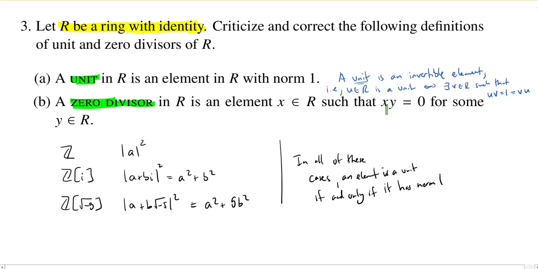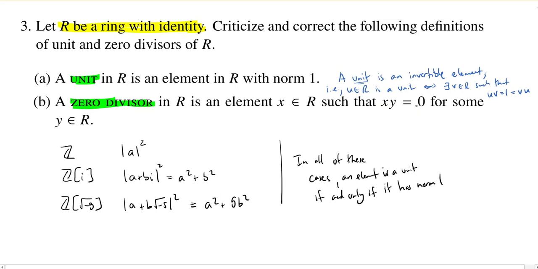The real problem here is that if this was our definition of zero divisor, then every element in the ring would be a zero divisor. Why? Well, this says you just need to find one element, just any old element in R that you can multiply by x and get 0.